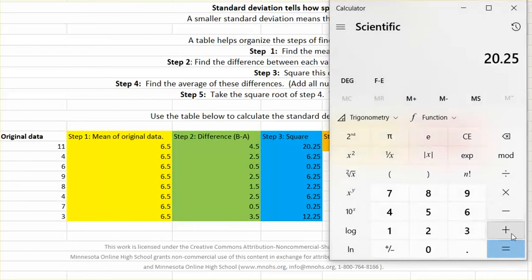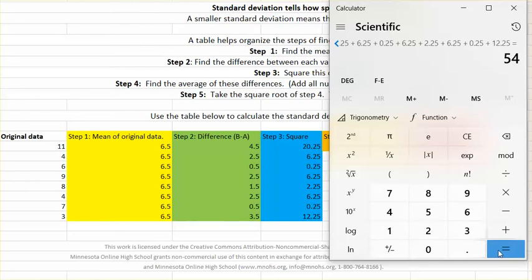So I'm just adding all my numbers in the blue row. Okay, so my total is 54.